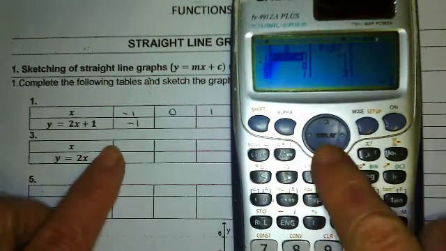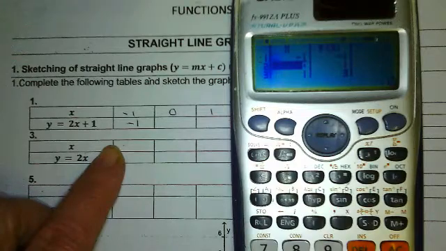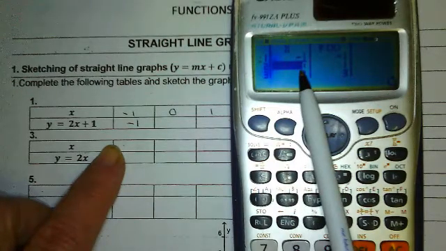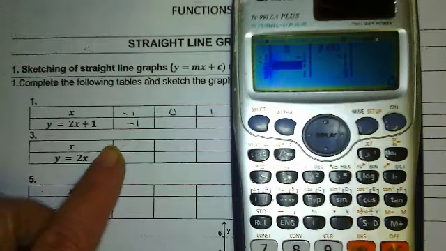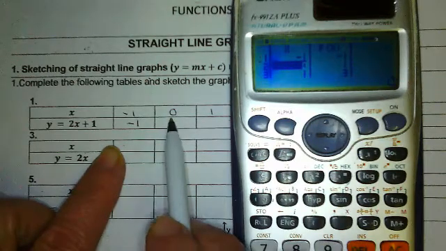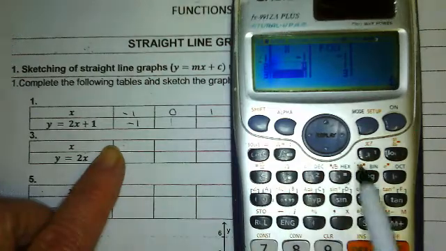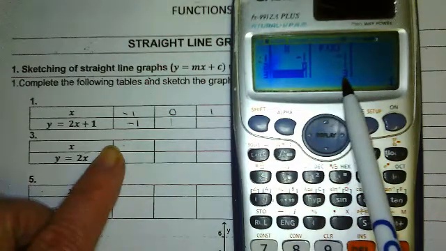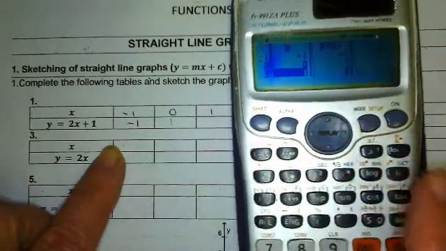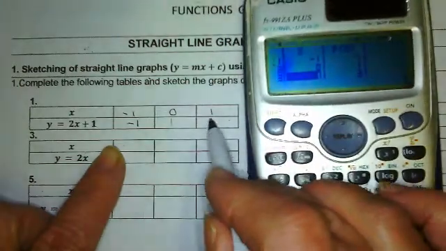If I go down to 0, what does it state? 0 is giving you 1, so you can fill in a 1 there. If I go to 1, what is the value there? It's a 3, so I can fill in a 3 there.